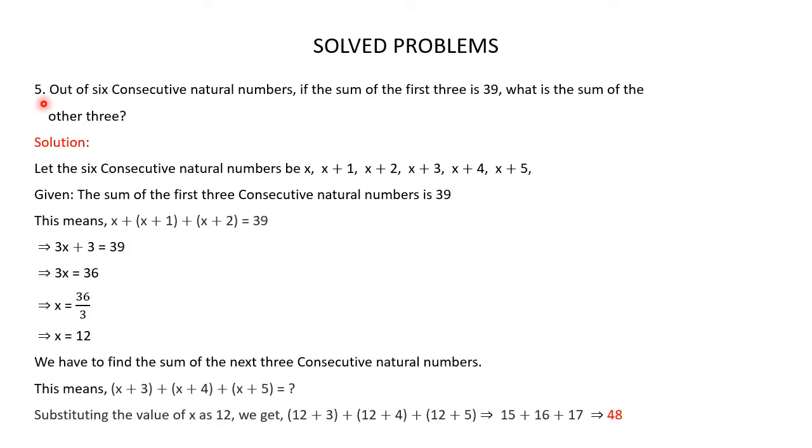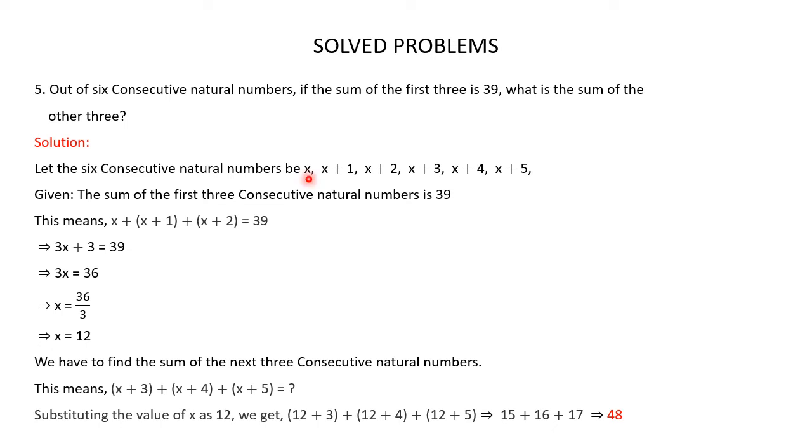Question number 5. Out of 6 consecutive natural numbers, if the sum of the first 3 is 39, what is the sum of the other 3? Let the 6 consecutive natural numbers be x, x plus 1, x plus 2, x plus 3, x plus 4 and x plus 5. It's given that the sum of the first 3 is 39.